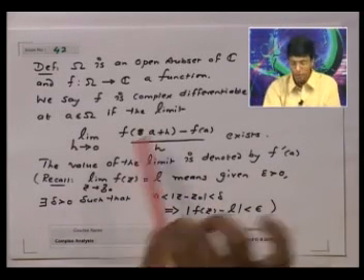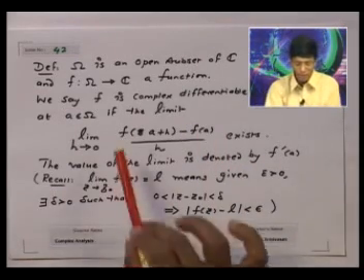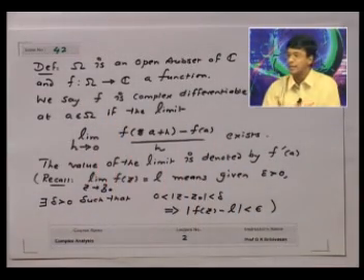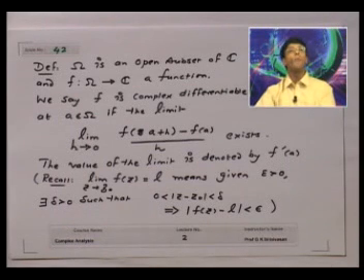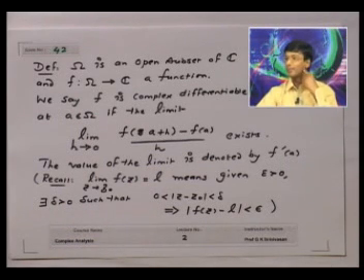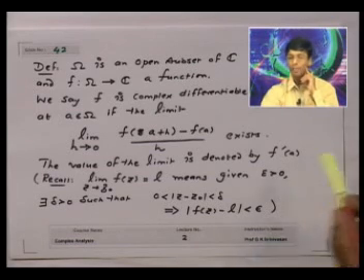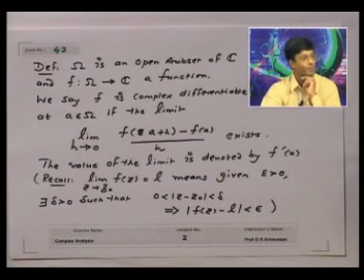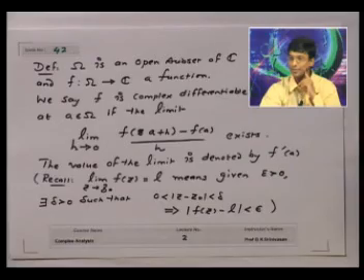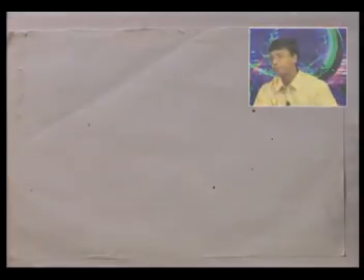Correct? And this is the definition of a derivative. And if this limit exists, you say that f is complex differentiable at a, and the limit is called the derivative of f at a. Is that correct? All right. So now the next thing is that if the function is differentiable in this sense at each and every point of the domain, you will say that the function is complex differentiable over the domain omega. All right. Let us just put that down.